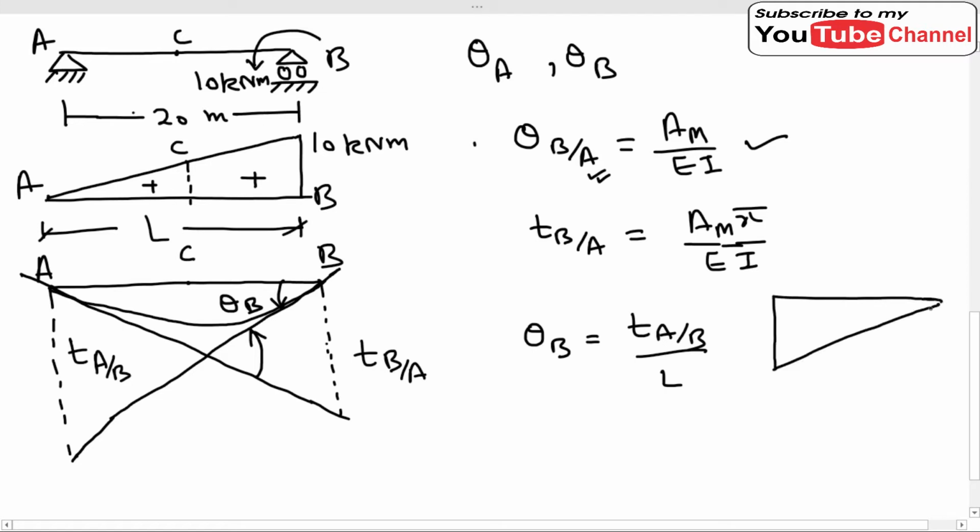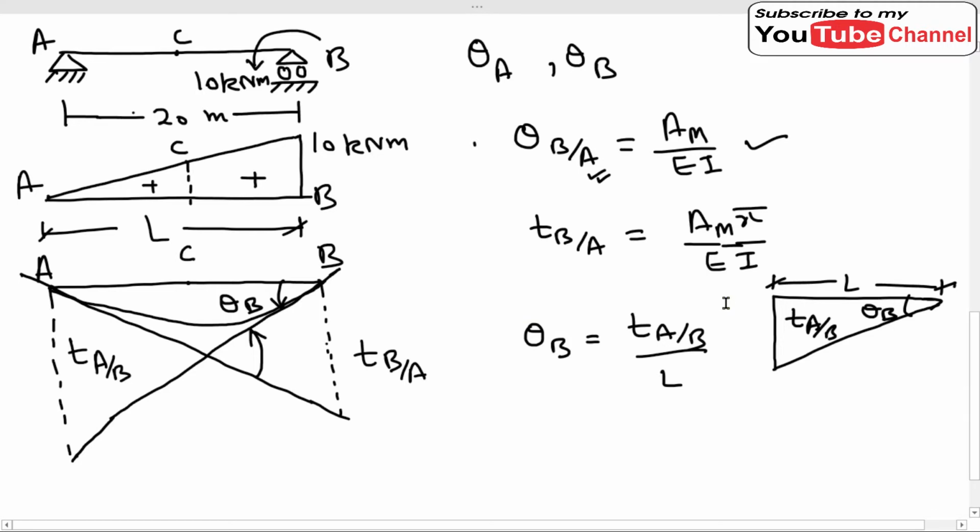This is theta B, this is t A over B, and this is L. So here we can find very easily that theta B is equal to t A over B upon L, as we have learned in trigonometry. Okay, so this is a simple relation. In this way we are going to find theta B and theta A.